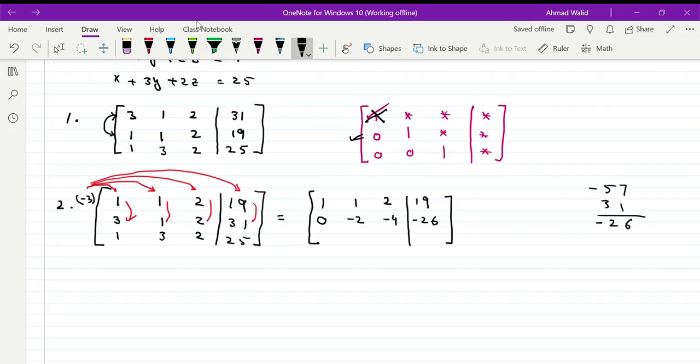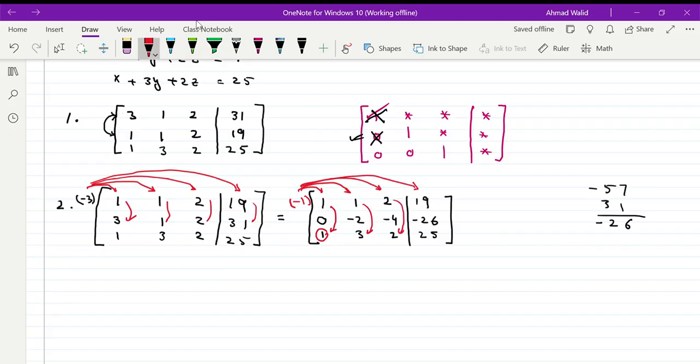I'll copy my row 3 here: 1, 3, 2, and 25. I'm done with this step. Now I need a 0 in column 1, row 3. It means I need to change this 1 to 0. What is the opposite of 1? The opposite of 1 is negative 1. I will multiply row 1 by negative 1 and add it to row 3, not row 2, right?